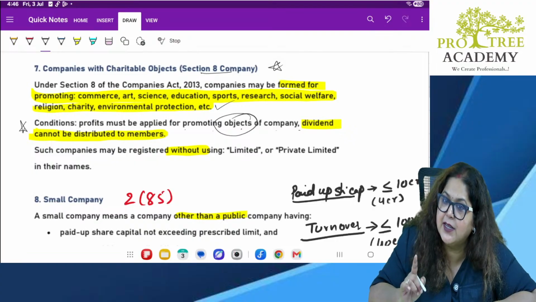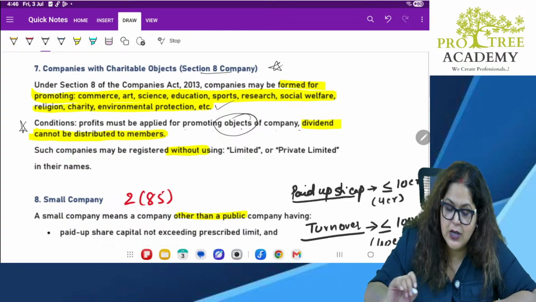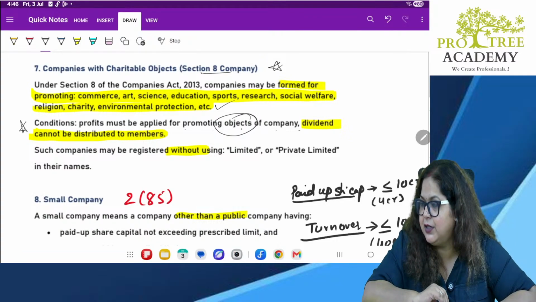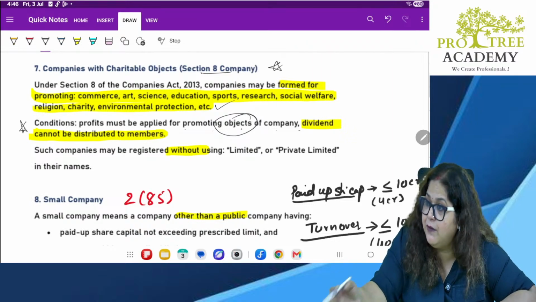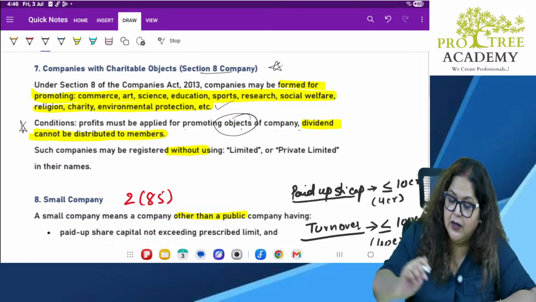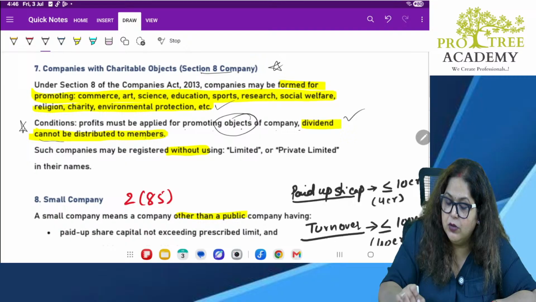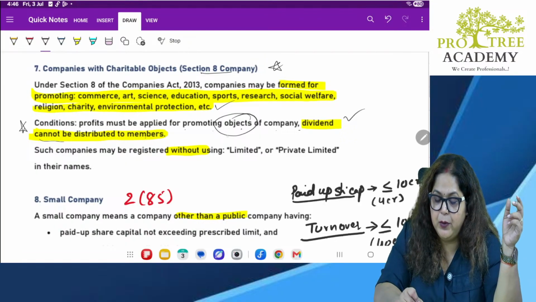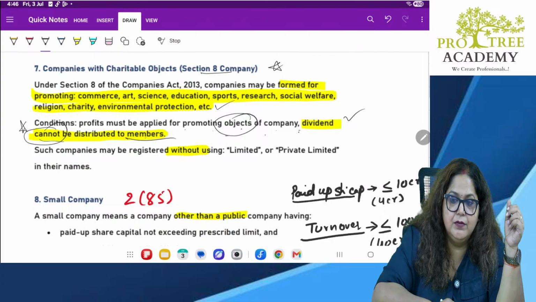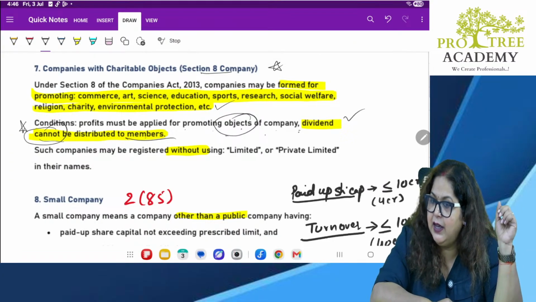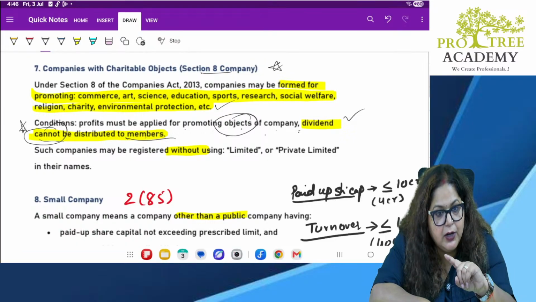If this company makes profit, it will be utilized for the promotion of the object of the company. Dividend cannot be distributed to members. In a normal company, they have the right to take the dividend, but in a section 8 company, it will not be distributed to the members.